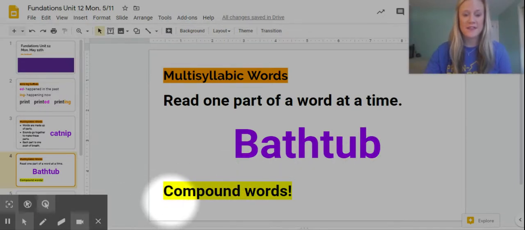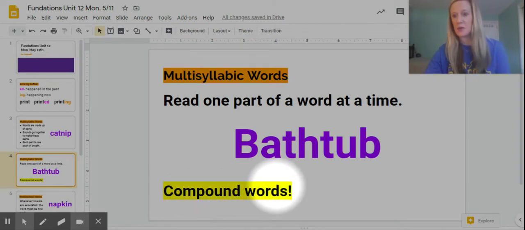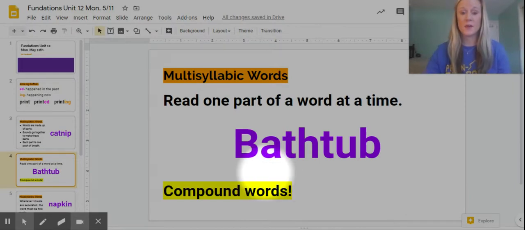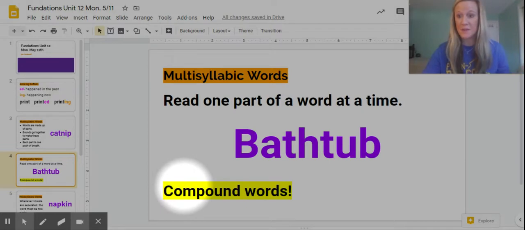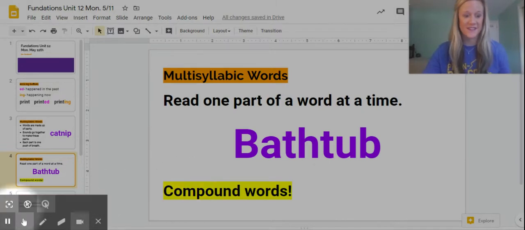Now, I have something else I want you to look at right here, compound words. So compound words is when you have two regular words that come together to make one word. In the word bath, tub, those are two normal words that come together to make one word. So that's a compound word, bathtub. We'll look at more soon.